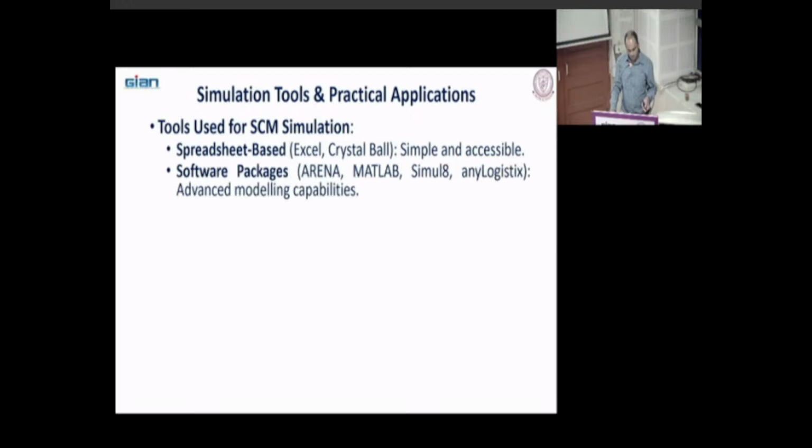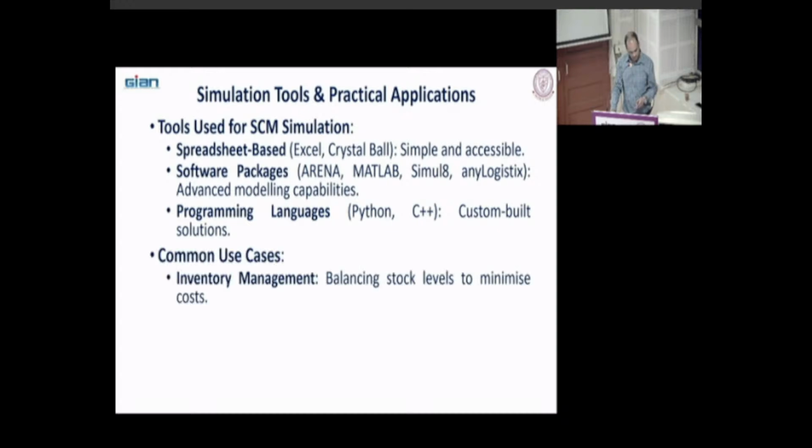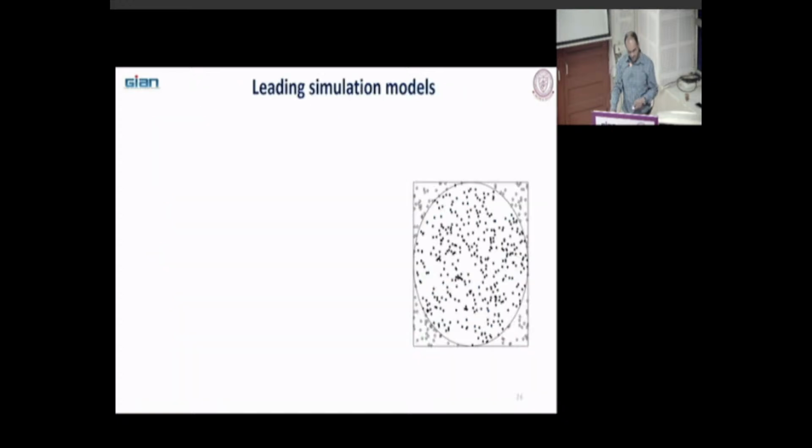Tools used for supply chain simulation: spreadsheets, where you can do Monte Carlo kind of simulation in Excel. Software packages like Arena, MATLAB, Simulation 8, AnyLogistix. Programming languages, you could use Python, C++ or some other languages. Use cases include inventory management for balancing stock levels, route planning and warehouse operations, and production planning.